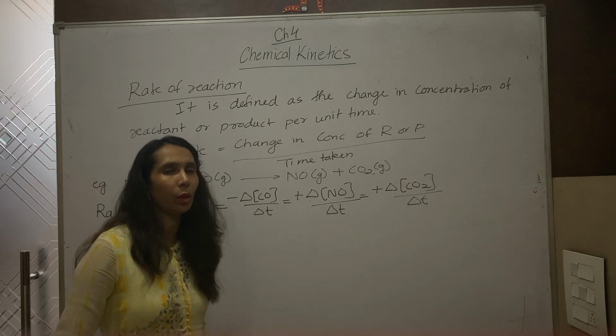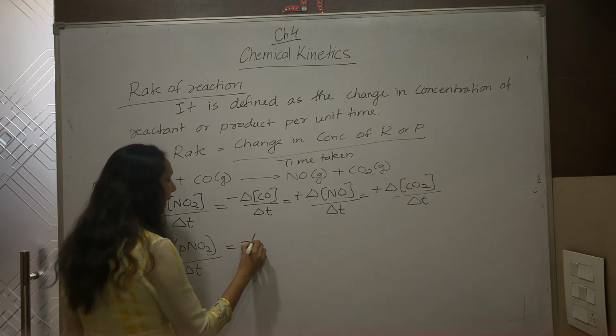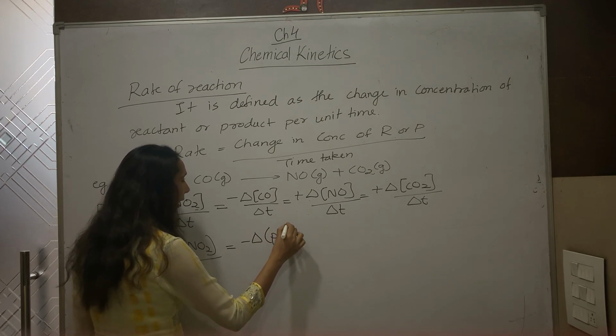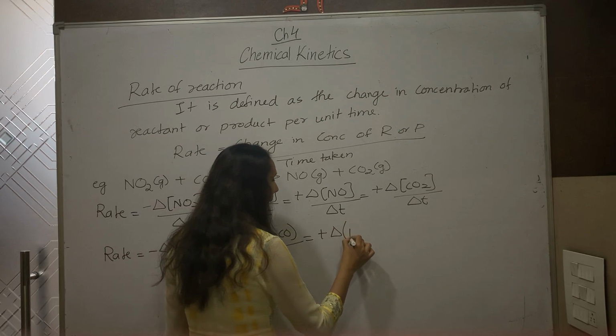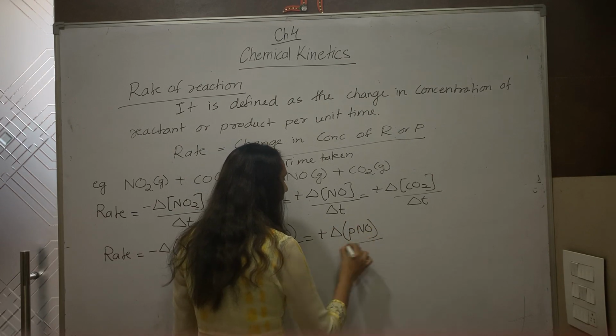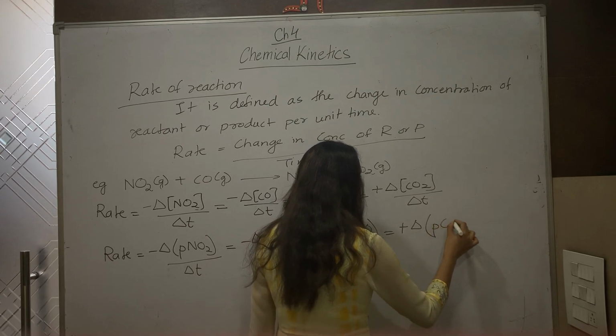So this is minus delta partial pressure of CO upon delta T is equal to positive delta partial pressure of NO upon delta T, positive delta partial pressure of CO2 upon delta T.